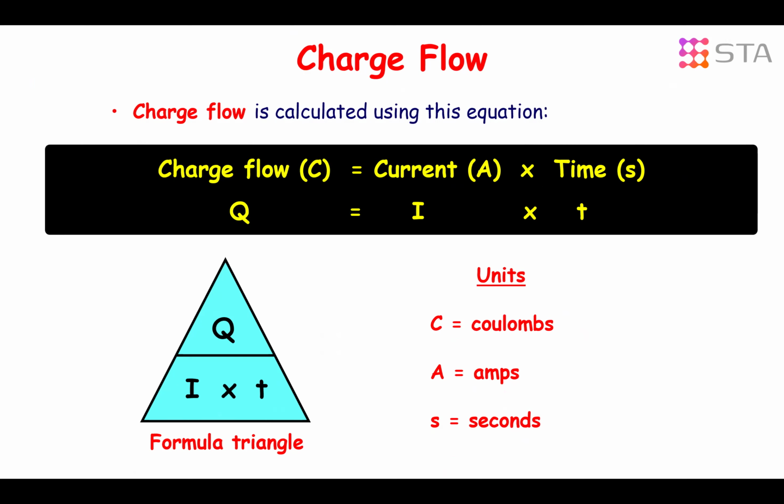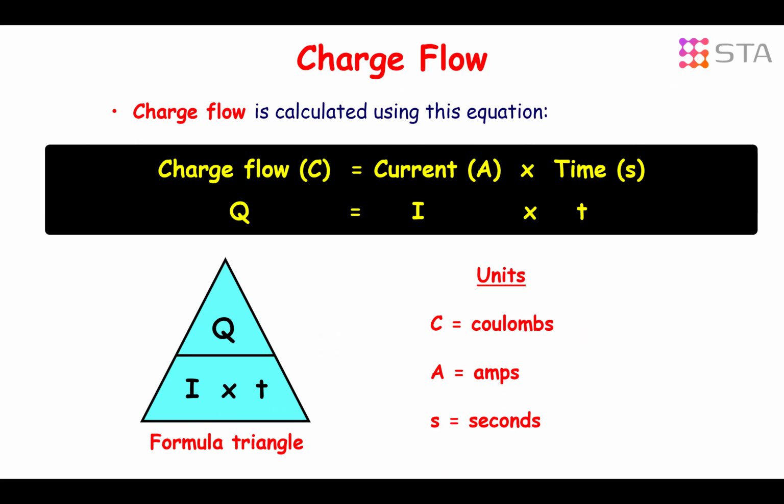So you can measure the charge flow in 1 second, 2 seconds, 3 seconds, and use that to work out the current. Charge flow is measured in coulombs, as we said, and the symbol for charge flow is Q.